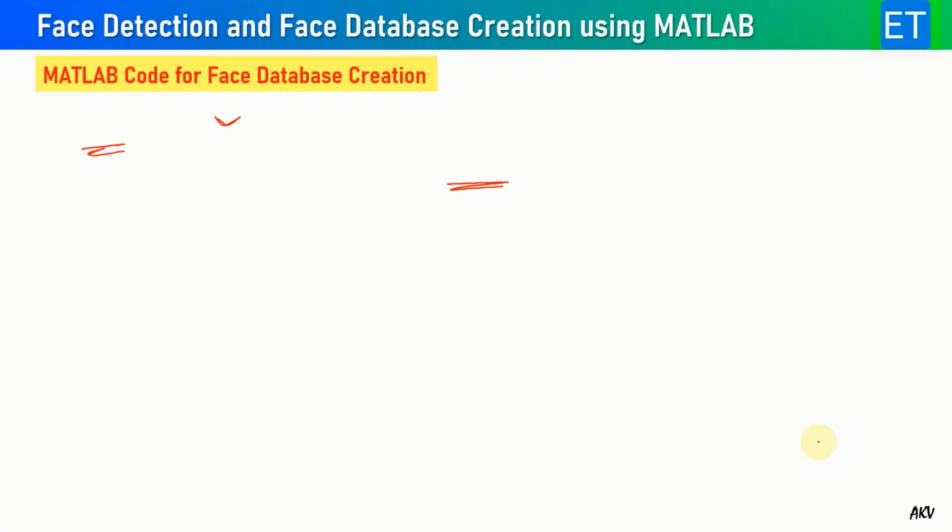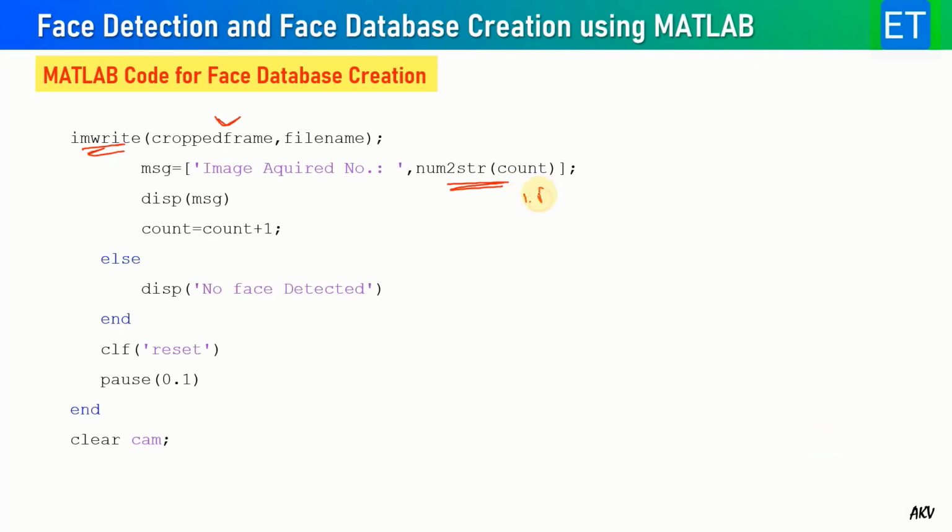So the files will be stored as 1.png, 2.png, 3.png and so on, till the number of required frames, in that defined folder. These are just display information, and after that your camera object is cleared.